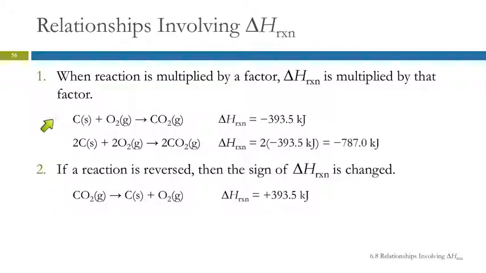This reaction released energy, and if I take the carbon dioxide and make it back into the carbon and the oxygen, that's going to require energy. It's the same amount of energy. So if we reverse a reaction, swap the products and the reactants, we change the sign on delta H. It's just going the opposite direction.